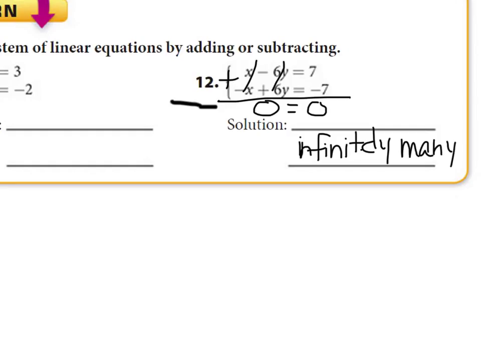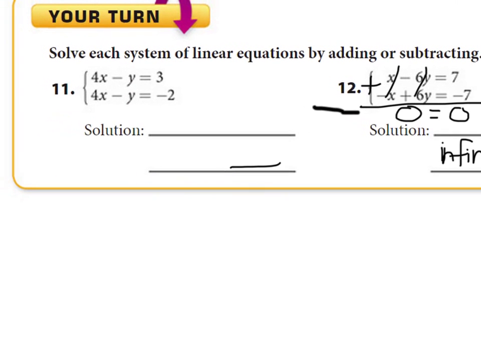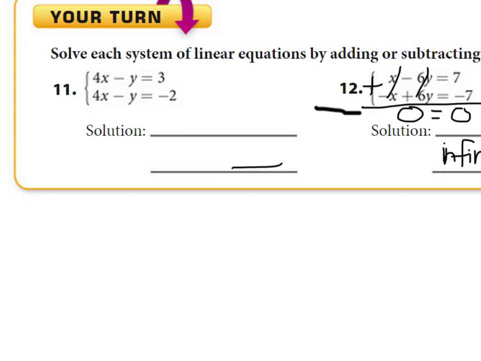So now let's look at number 11, going back a little bit here. If you notice here, this time we don't have opposites, but our variables do have the same numbers, which means we're going to add the opposite here. So I'm going to put my plus sign and then change all the signs.